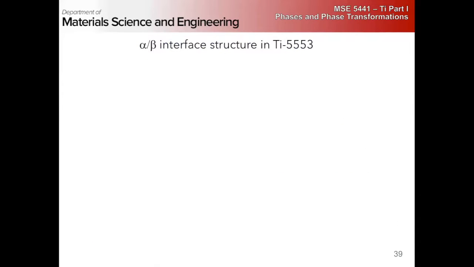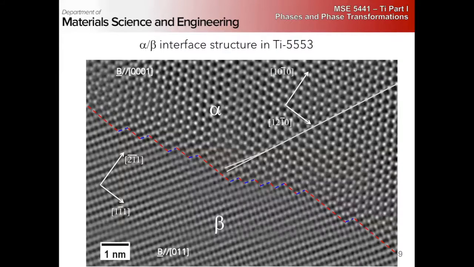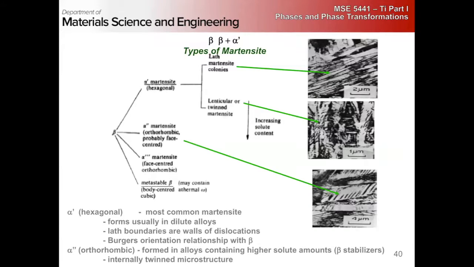Right. And then we looked at the structures, and then we talked about the martensite, the different types of martensite that you can get, right? And remember, these are martensitic phases. So these are, you've got the alpha prime martensite, which is hexagonal, and then two orthorhombic phases. But remember, since these are martensite phases, there's no change in composition, right?